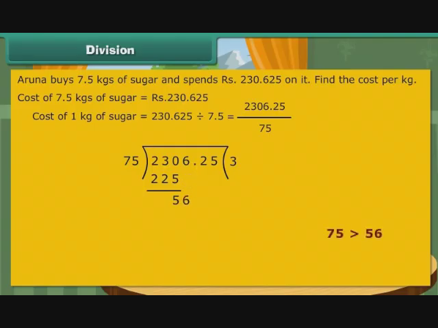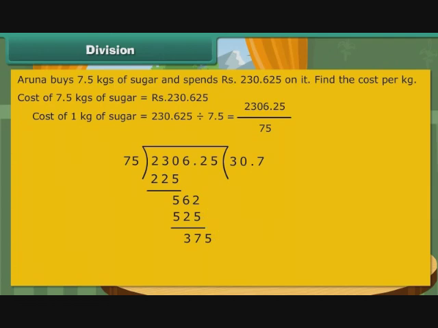56 cannot hold 75, so write 0 to the right of 3. Bring 2 also down. Since 2 appears after the decimal point, place a decimal point to the right of 0. The new number 562 holds 7 times 75, that is 525. Subtract and write the difference, 37 below.